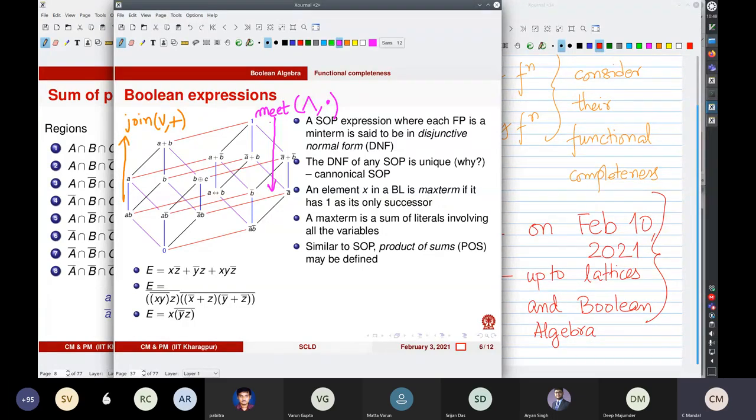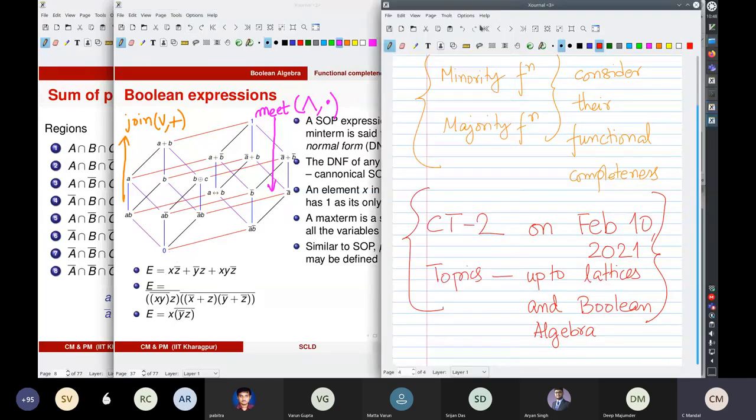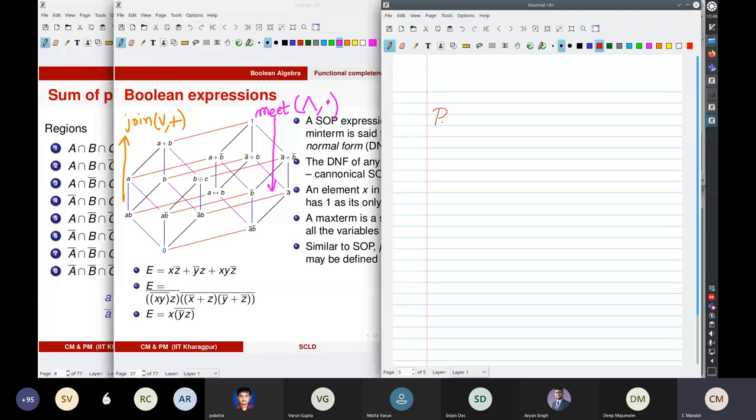That means each element of the Boolean lattice you should be able to represent as the irredundant, irreducible product of the max terms. So that is called the principle of duality. Let me just write over here. Principle of duality.